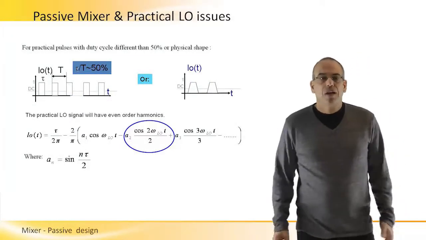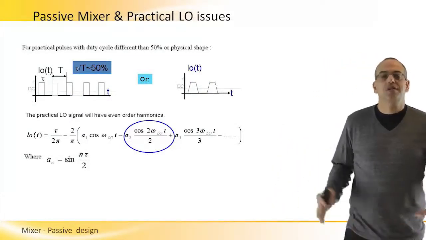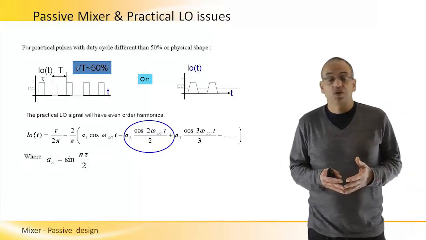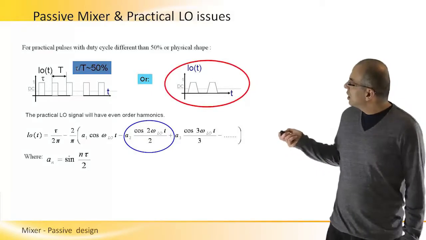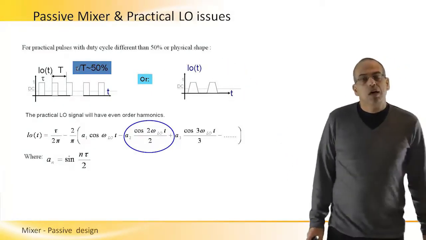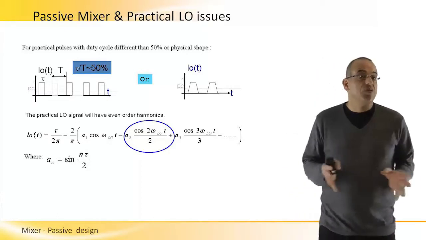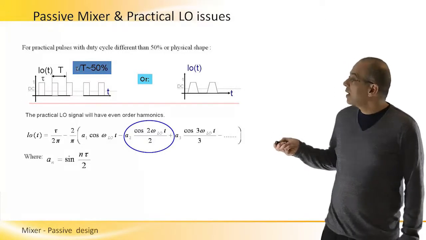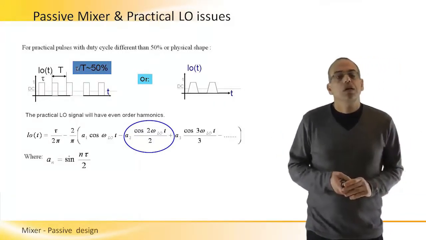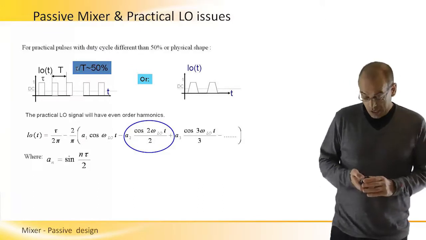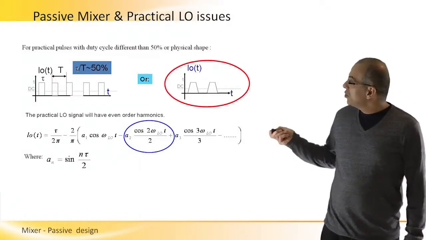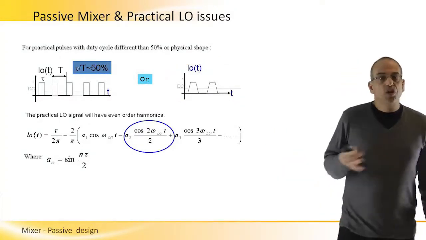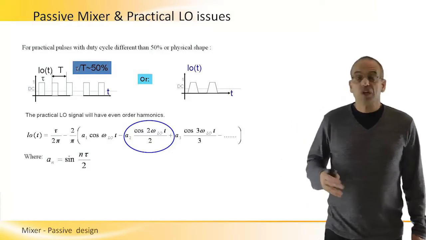What happens if we have a practical LO rather than an ideal LO? The practical LO may have some transient on-off time, or it will not be exactly 50% duty cycle, or both. These two new waves, slightly different from the square wave, will generate even harmonics.